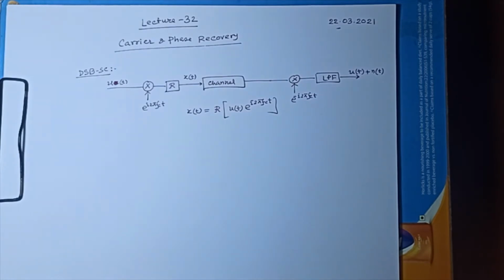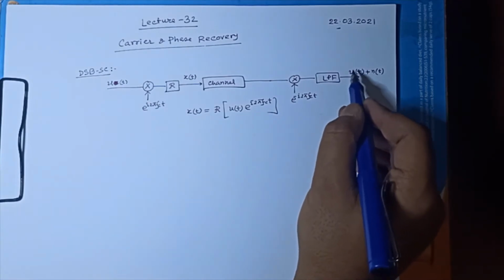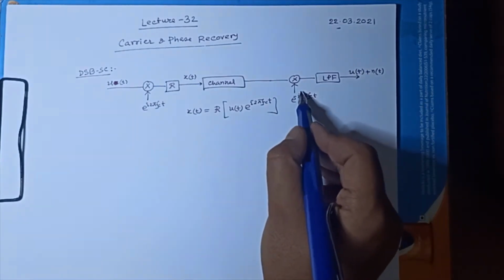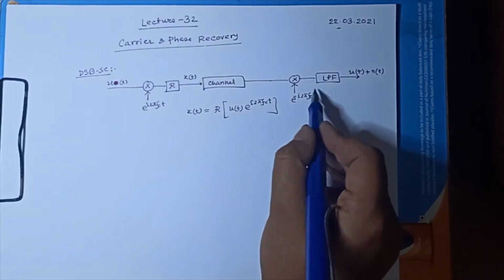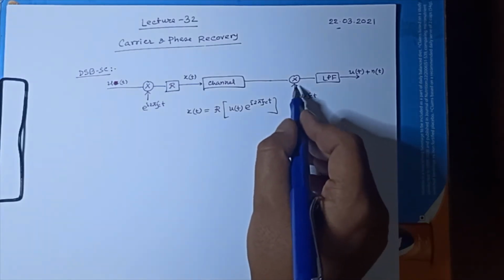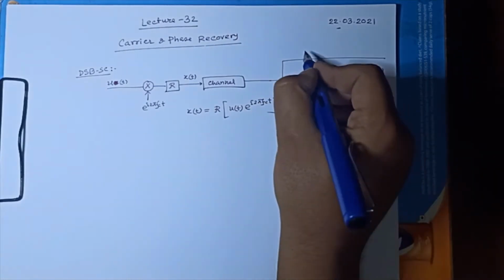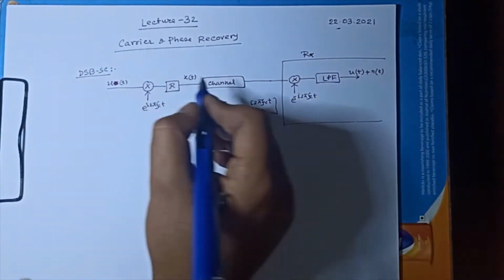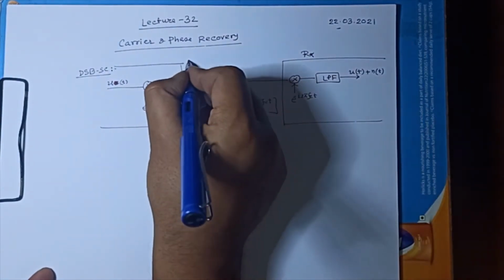Then the fundamental issue, that this low pass filtering will give you back the original waveform, lies within the exact carrier you are having at the receiver. This is the receiver side, the RX side, and this is the transmitter side, the TX.